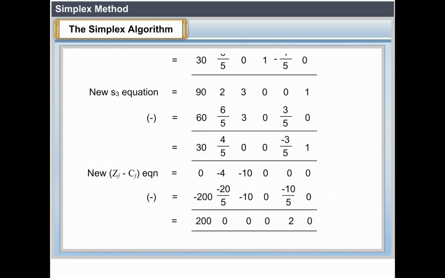New Zj minus Cj equation equals 0, minus 4, minus 10, 0, 0, 0 minus 200, minus 20 by 5, minus 10, 0, minus 10 by 5, 0. After subtracting, we get 200, 0, 0, 0, 2, 0.